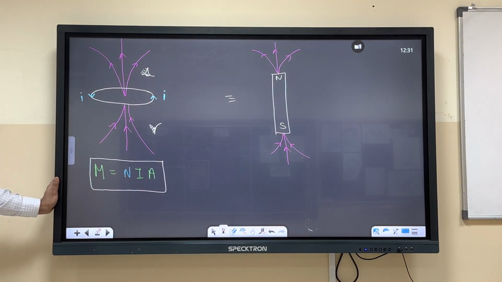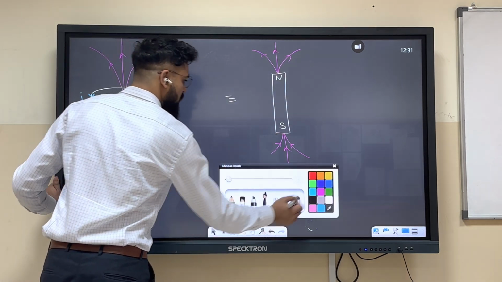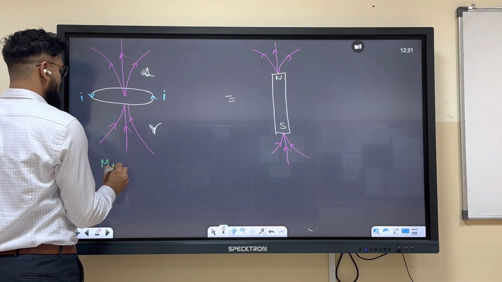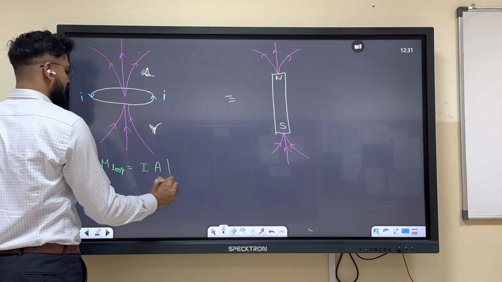Okay, let's write it like this: magnetic moment for a loop equals whatever current is there into its area.